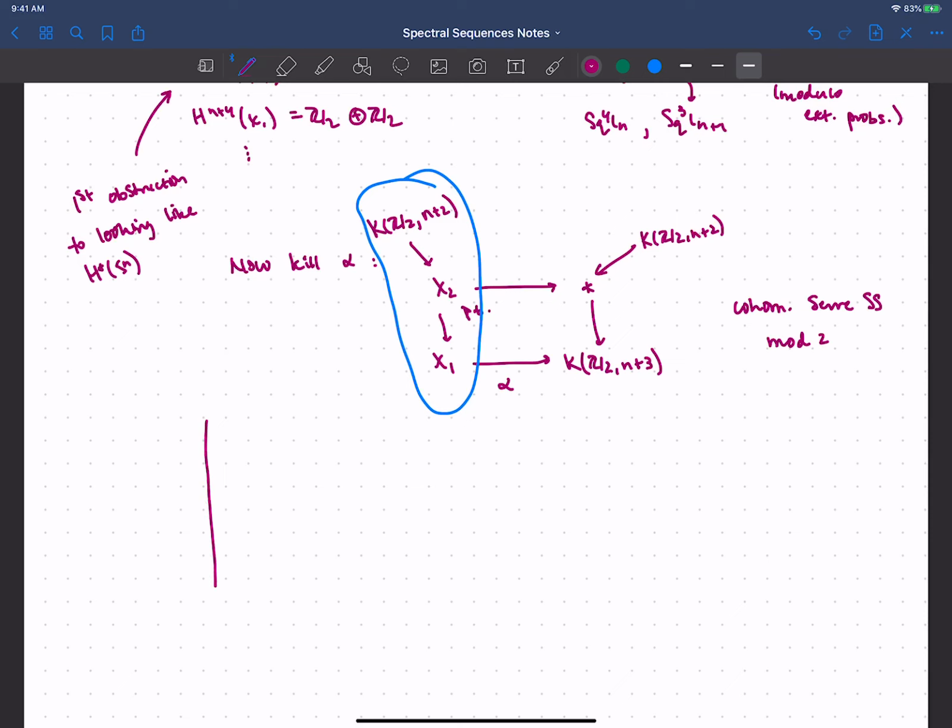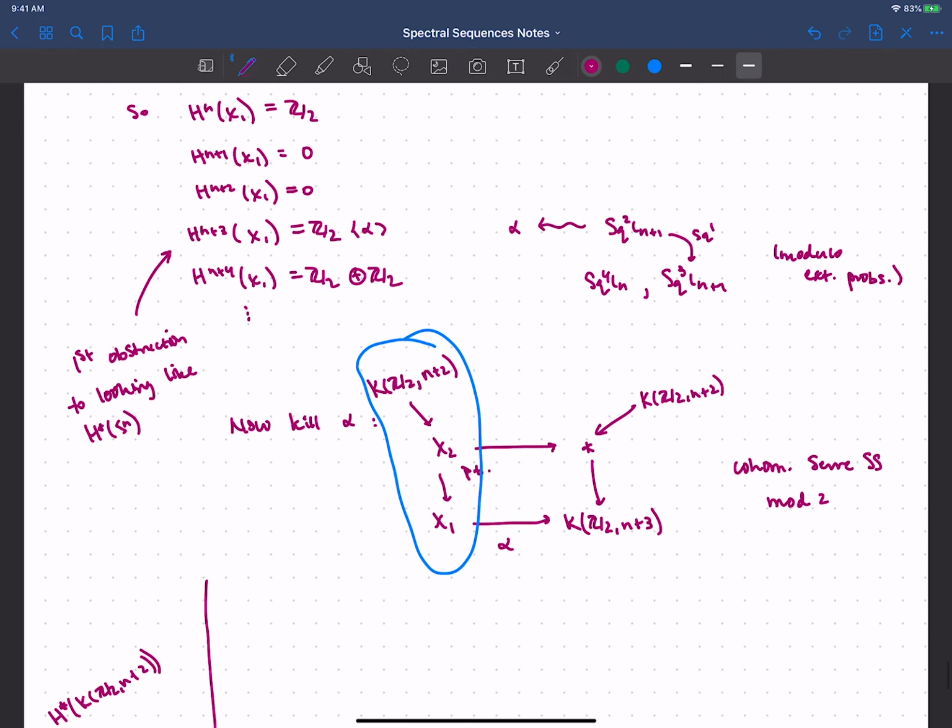Well, we've got our Serre spectral sequence: the cohomology of the base, which we only know in a pretty small range right now, that's X1. Then the cohomology of the fiber, that's K(Z/2, n+2). Okay, and so we've got our 1 there. This started in degree n. I'm going to call this iota n just because that's what it came from.